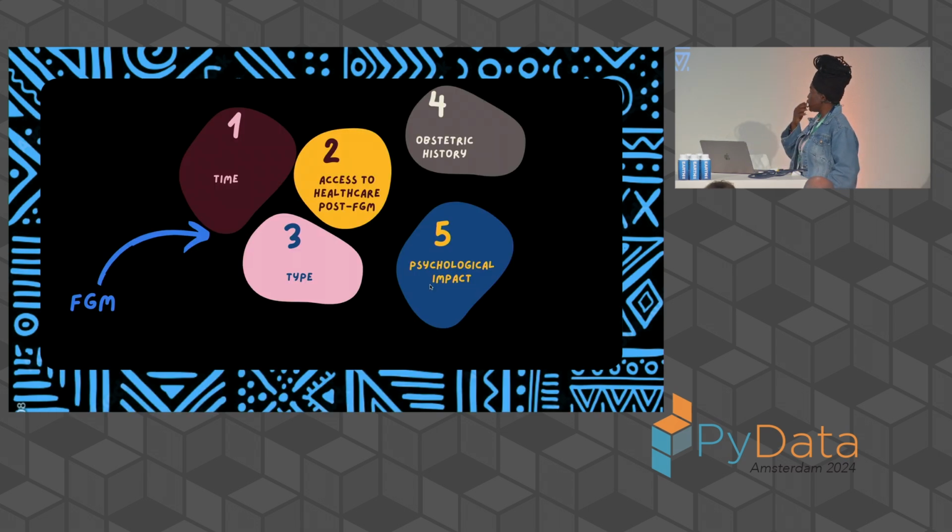And when I was mentioning certain data points that you might want to look at, some of you are wondering, how does it affect? Things like female genital mutilation: you want to look at what time it was performed, at what age, which year, what type was performed and how it was performed. Then you also want to look at access to healthcare after the procedure, and the obstetric history.